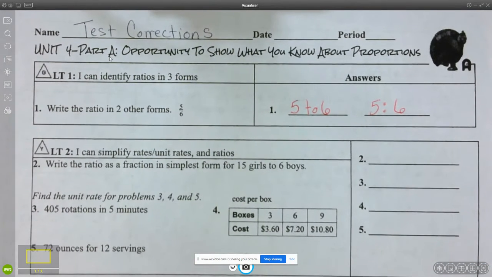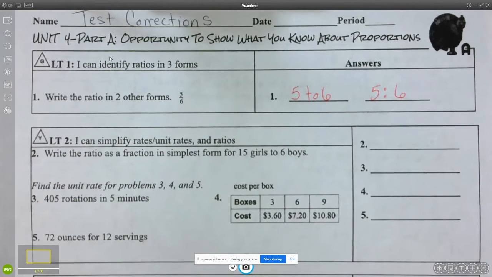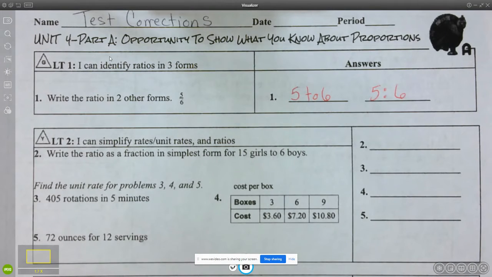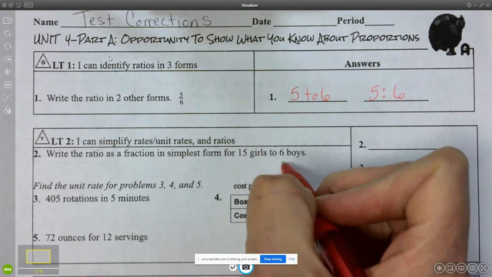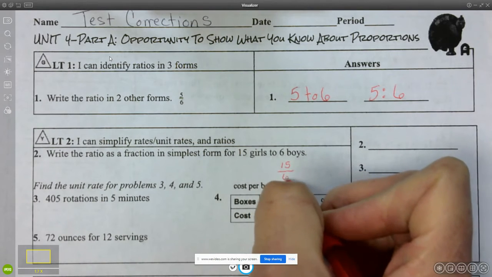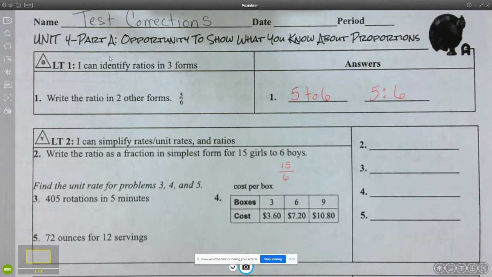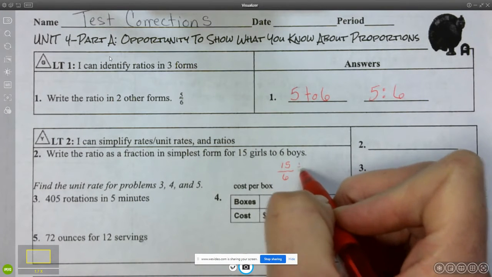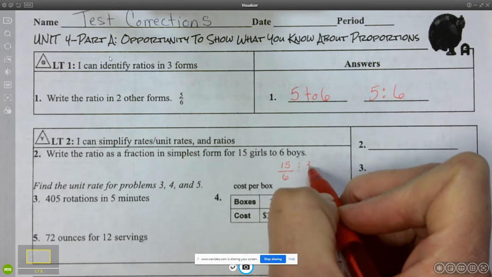Okay, moving into Learning Target 2. I can simplify rates, unit rates, and ratios. So when you have a ratio of 15 girls to 6 boys, you write it as a fraction. And then a unit rate is just having it simplified. So it simplifies down to a 3 goes into both of them.